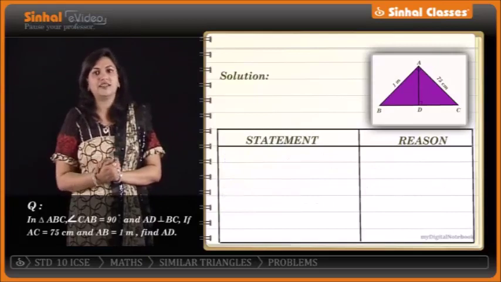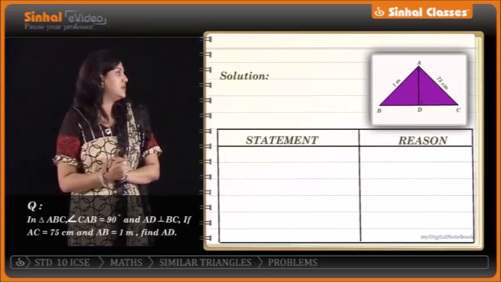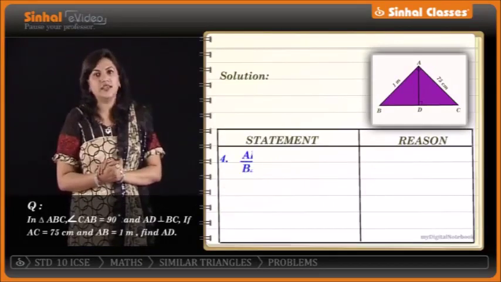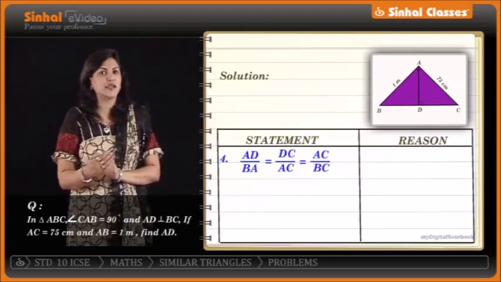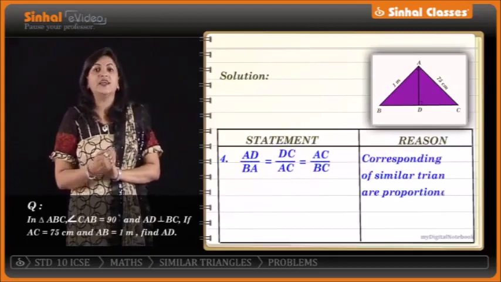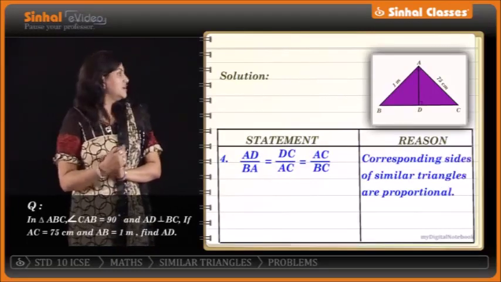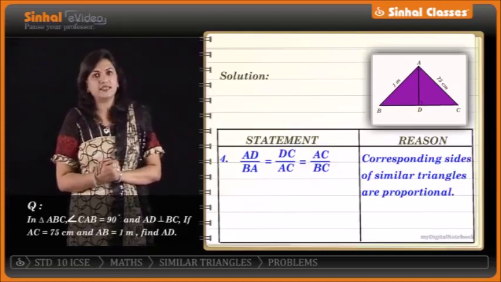Now we will write the corresponding sides which are proportional. We have AD upon BA equals DC upon AC, which is equal to AC upon BC, since the corresponding sides of similar triangles are proportional. Now out of these values, we know the length of BA and the length of AC.